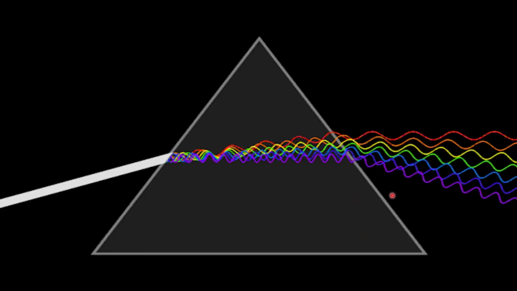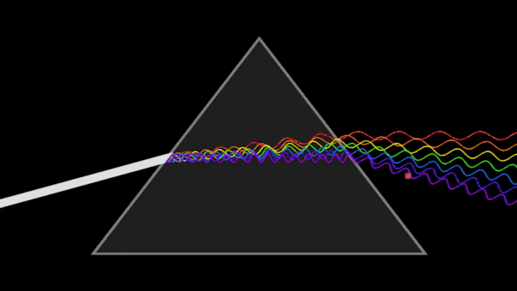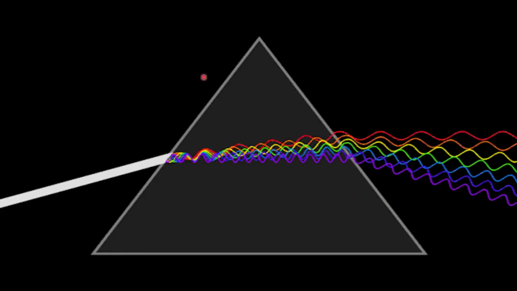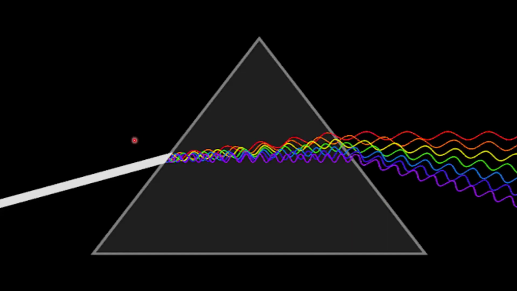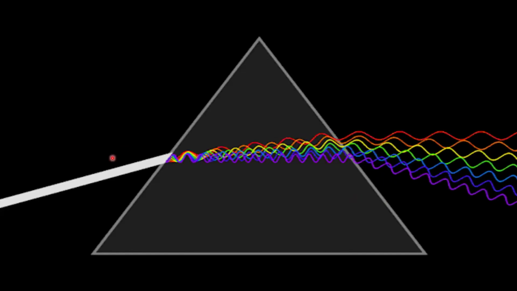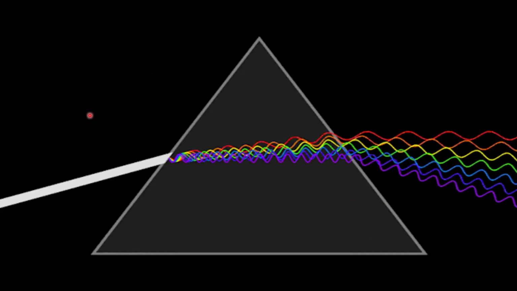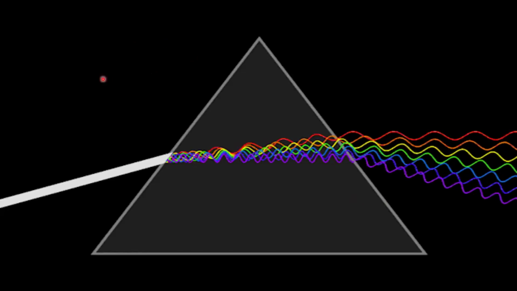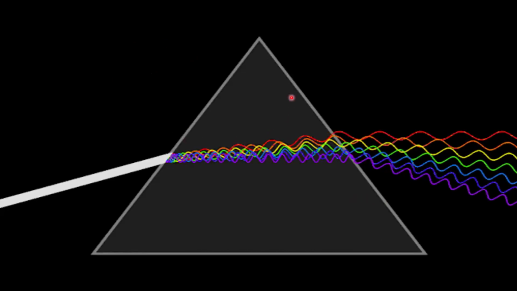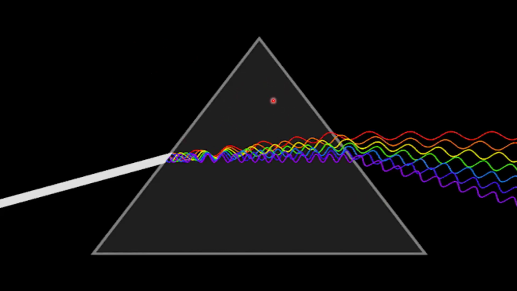All right, how is the rainbow happening? Well, here we have something that's popularly called a prism. We have a different medium here, and a different medium here.